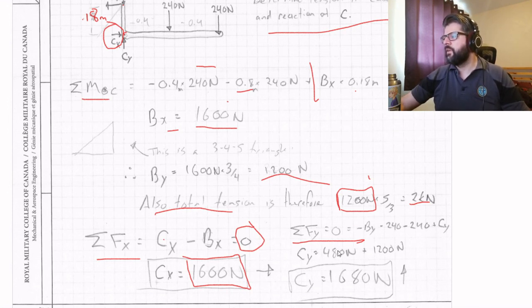It's 480 plus 1200, which is equal to 1680 newtons. And again, that's positive because I guessed the directionality of that support right when I did the free body diagram. Yay me. That's it. That's all.